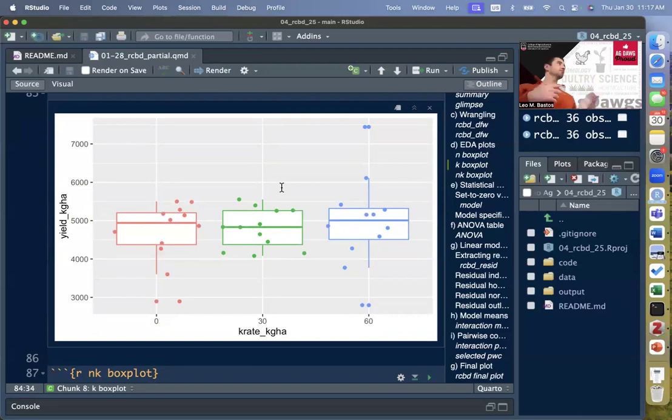It's just, from what you're seeing visually, would you say we have a potassium effect on yield? Outliers, also there may be a very slight. Yeah, so perhaps there is, but there is a lot of noise, right? At least looking at this box plot, it looks like there's a lot of noise.